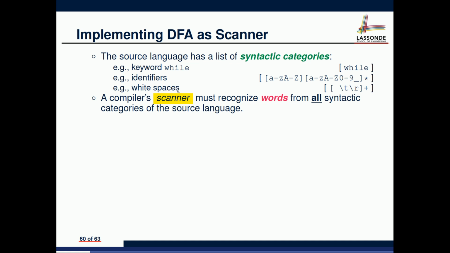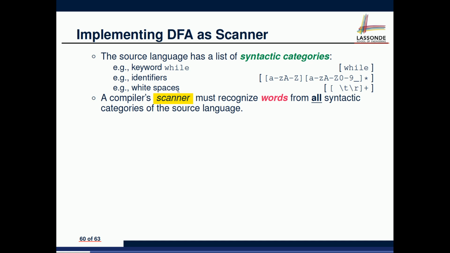Yeah, that's exactly right. So basically, you're going to get a finite number of syntactic categories for any source language you have. It cannot be infinite. So this is a general pattern. Separation of concerns: you specify each category separately first, and then combine them together using plus, like a union.